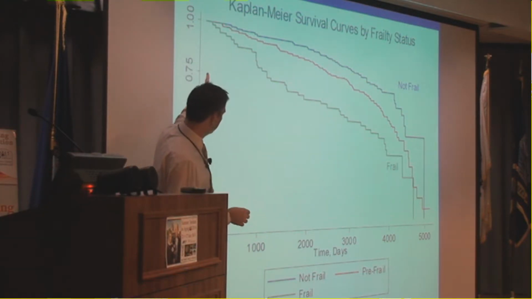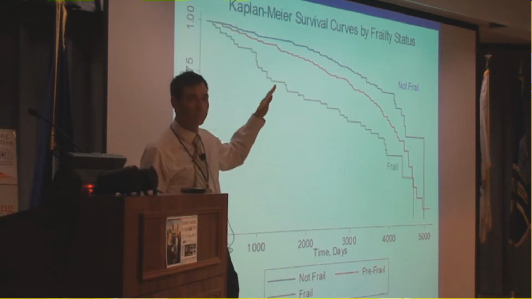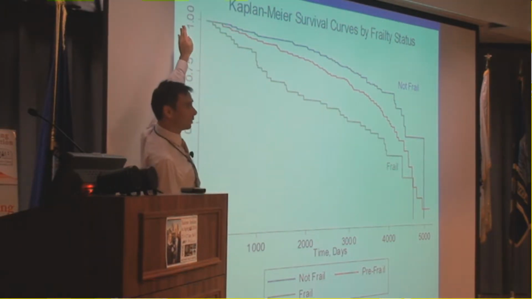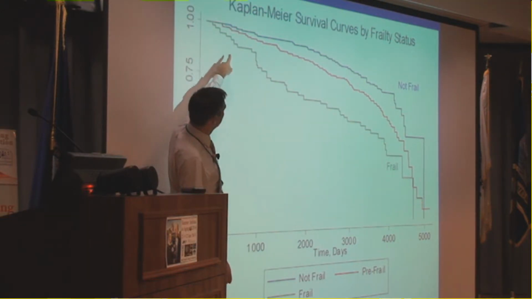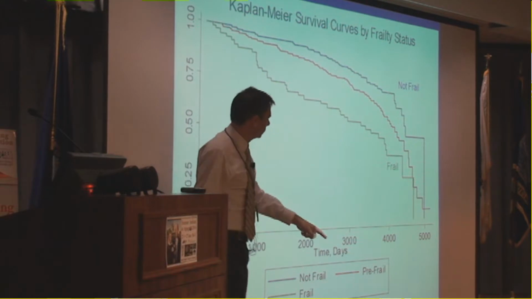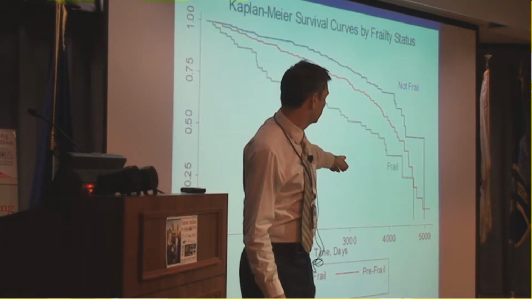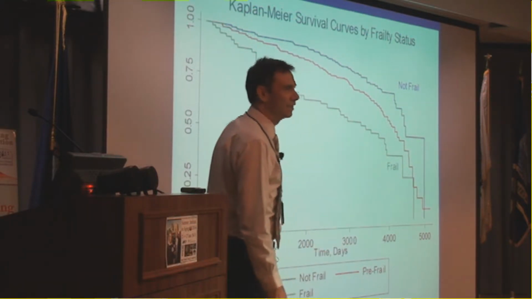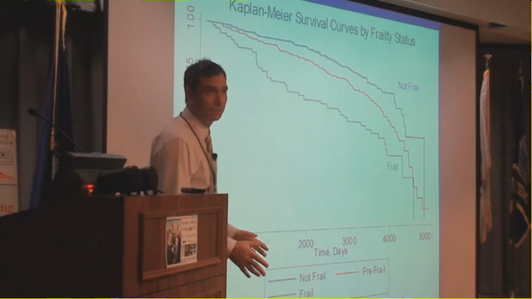So if a person is frail, as you can see, over time the risk of dying is higher, and obviously people have started to die here. So by 5,000 days, which is how many? 13.7. Yeah, so almost 14 years, almost all of them are dead at the end, right? If you're frail.